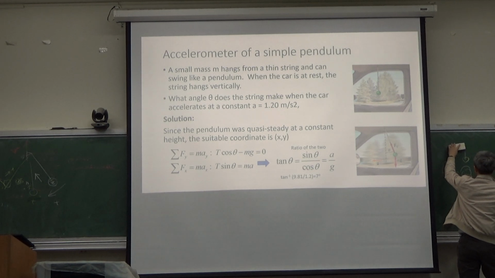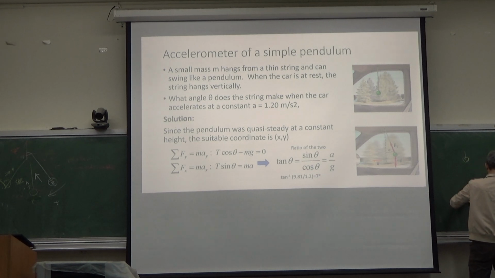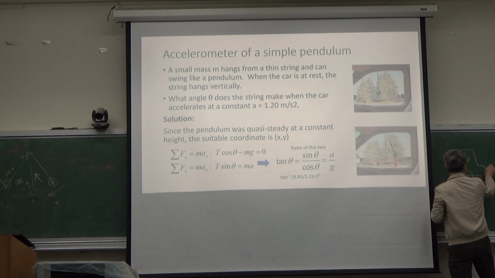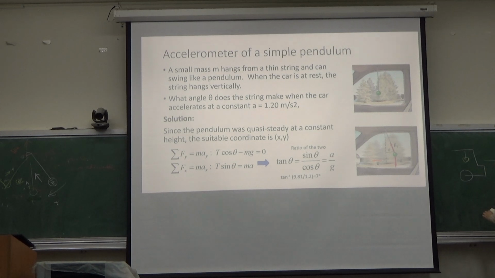Let me change the direction to tally with if you're now accelerating. This pendulum will be lagging behind. So this motion, to be precise, I should define this motion as x, the velocity is x dot, the acceleration is equal to x double dot.